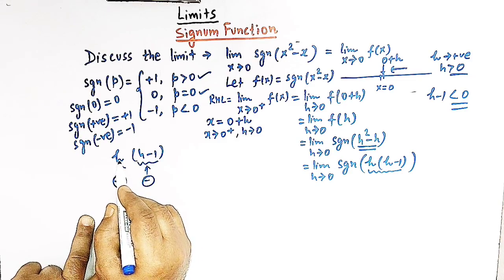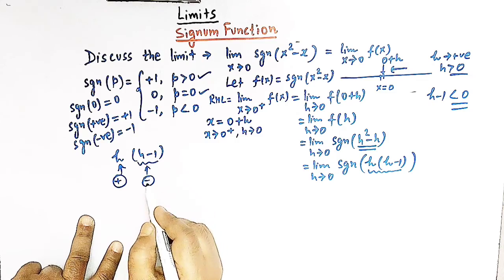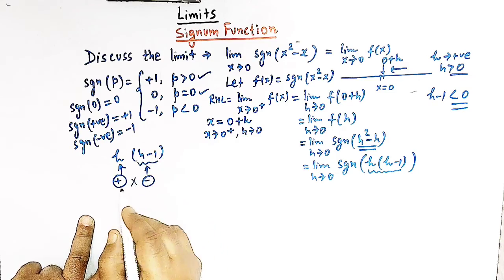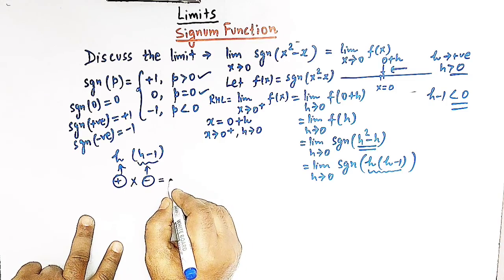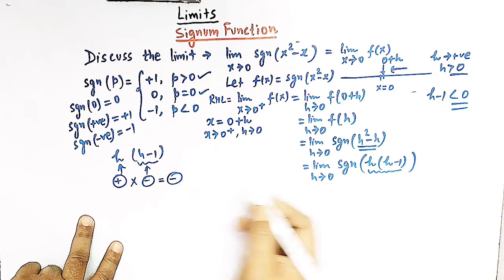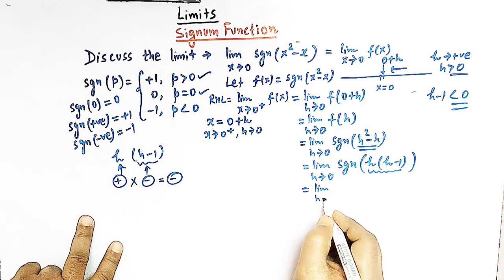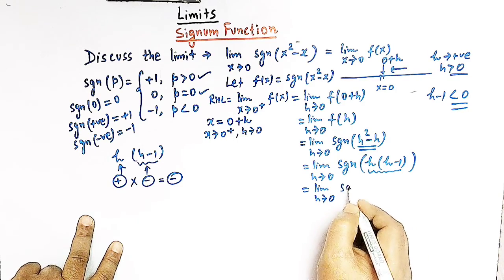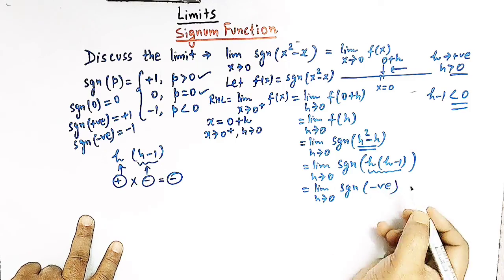So now the product of h and h minus 1. So h is positive, h minus 1 is negative. So the product of a positive and a negative quantity is equal to a negative quantity. So here we can now write limit h tends to 0, and we have signum of a negative quantity, right?